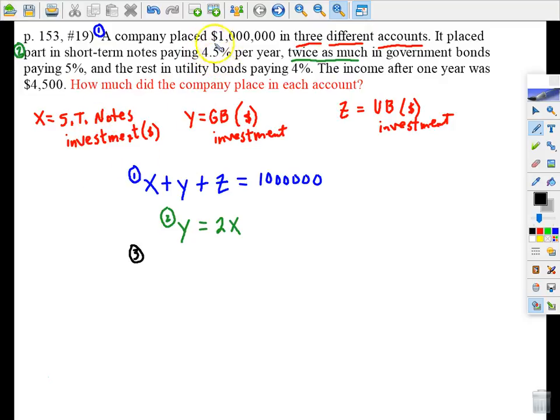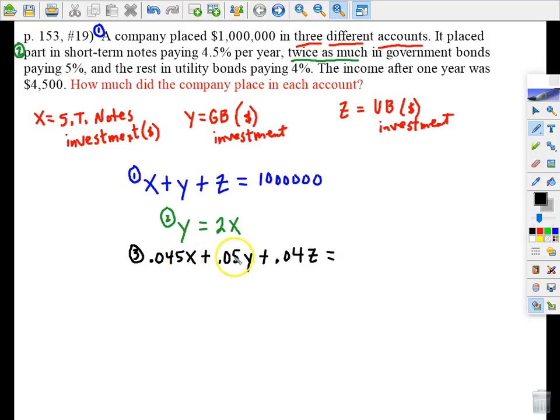Just be careful to change these percentages into decimals. 4.5% is 0.045, and that needs to be multiplied times whatever we invested in short-term notes. We're going to add that to our 5% return on government bonds, so 5% times the amount we invested in government bonds. And then the 4% return is on the utility bonds, which I'm just calling Z.